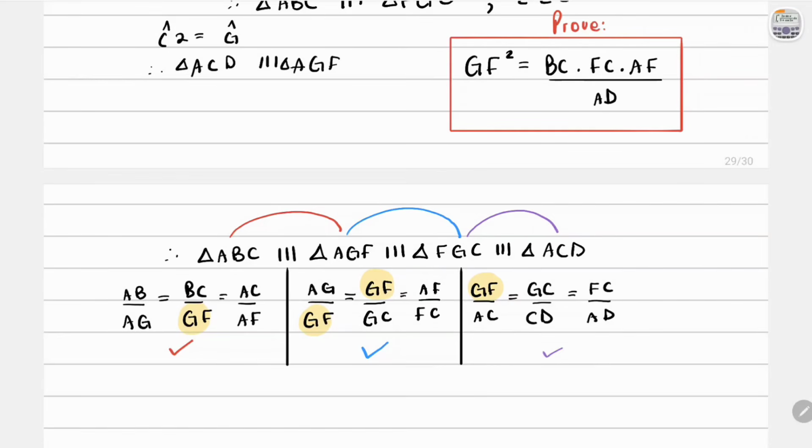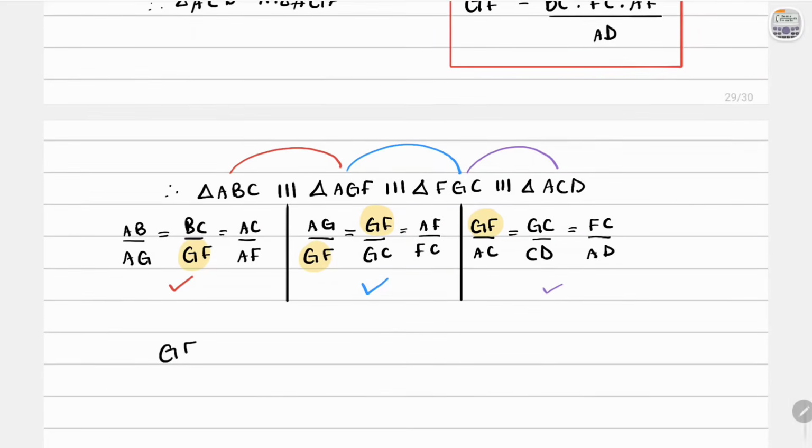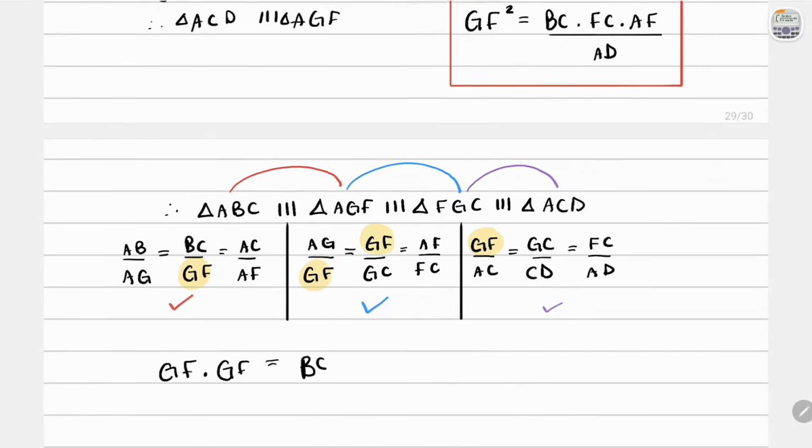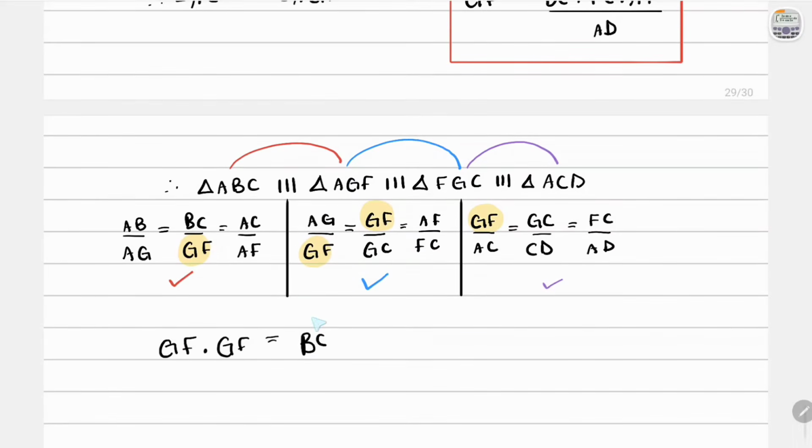That looks really good, because if you had to expand this, you have GF multiplied by GF, which is equal to BC and the rest of it. The only way this could have gotten here, if you had a GF on the denominator, is if you take this GF, because it's multiplying here, and you put it on the denominator. That makes perfect sense, that we could have had a situation where we had BC over GF. So I'm going to go ahead and take these two.